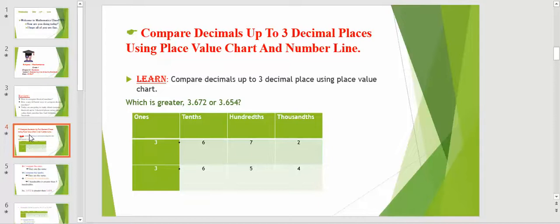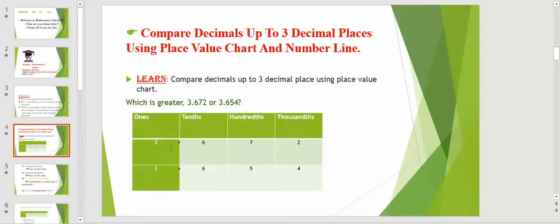Compare decimals up to 3 decimal places using a place value chart. Which is greater, 3.672 or 3.654? You can think a moment about these numbers, but look at the place value chart here. We have ones, tenths, hundredths, thousandths.